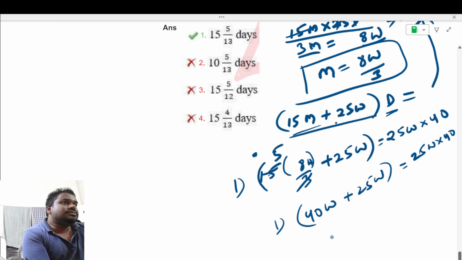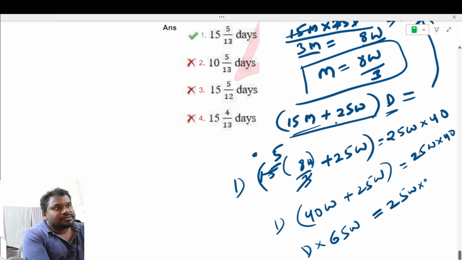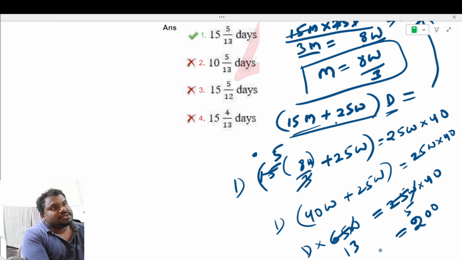So now 65 women into D is equal to 25 women into 40. This one is cancelled. 5 13s are 65, 5 5s are 25, 5 into 40 is 200.